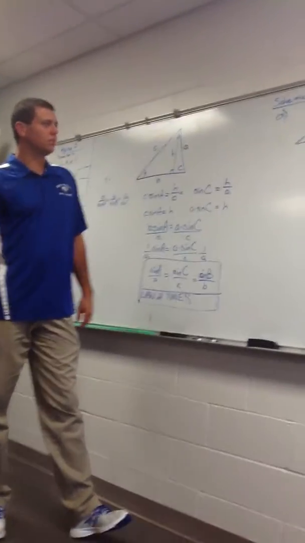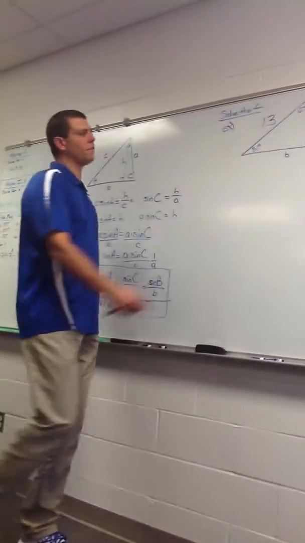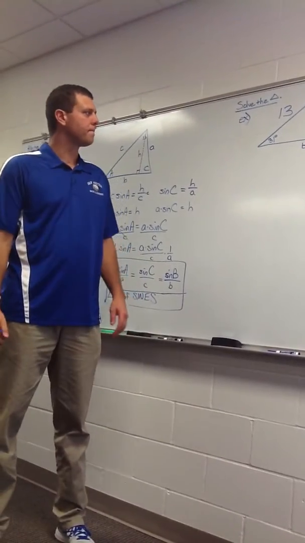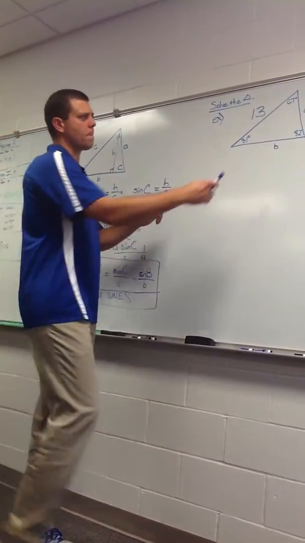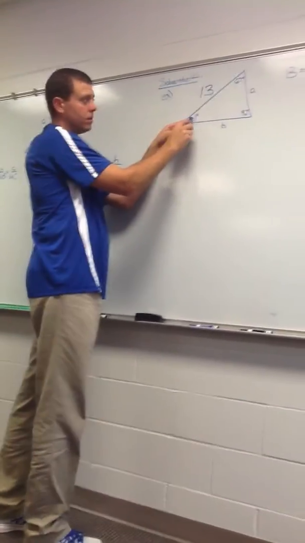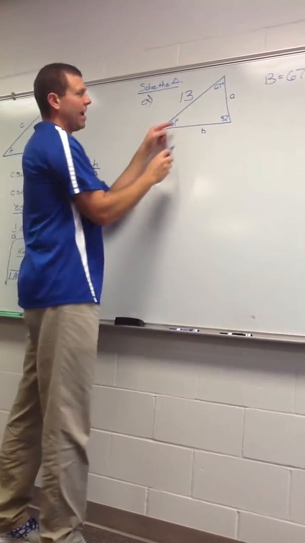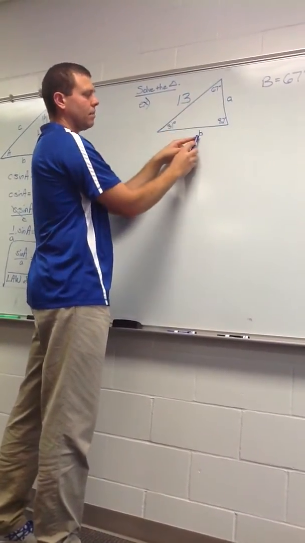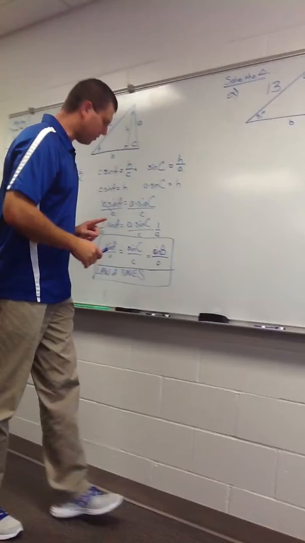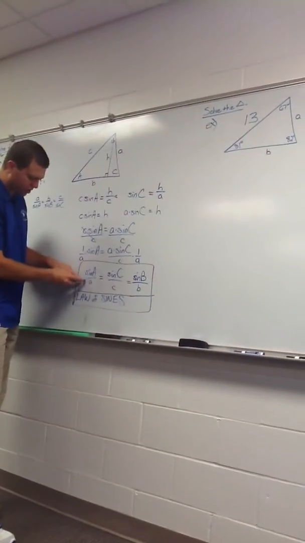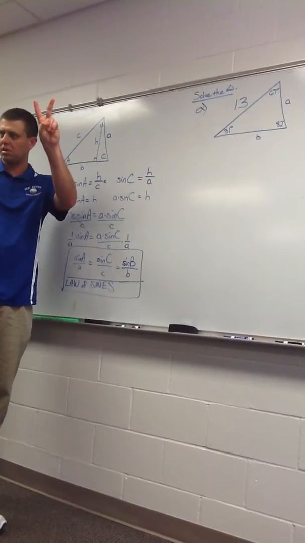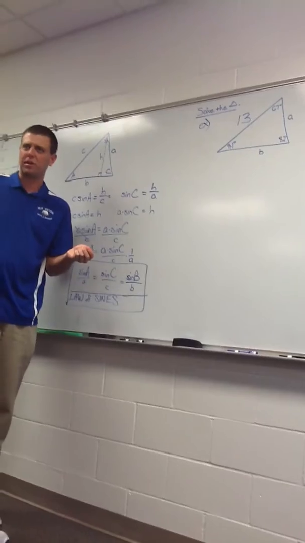It doesn't matter which one you do first, but let's say I want to figure out side A first. Now look, I know angle A, but I don't know side A. I know angle B is 67, but I don't know side B. So I'm definitely not going to set this ratio equal to this ratio because I'd have two variables, two unknowns, and if you have two variables, it's hard to solve that equation.